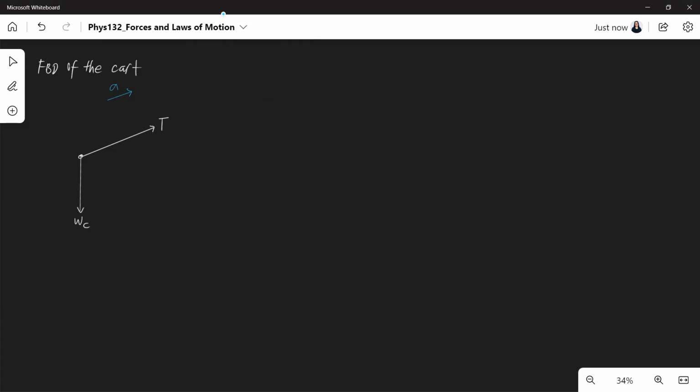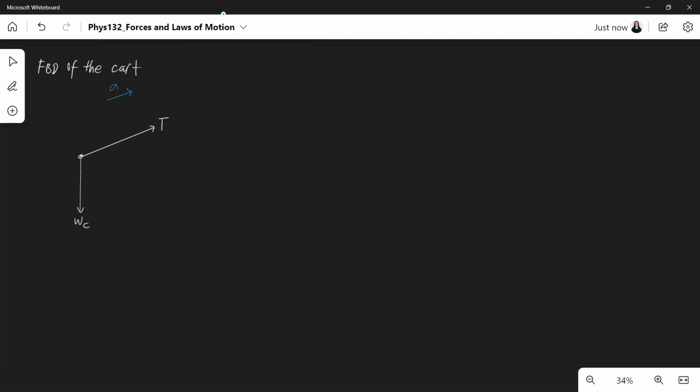Generally, even if the system is not at equilibrium, there is a net force, so we have the direction of the acceleration going that way. But for this one, it's basically zero. Later we'll be writing the equations.